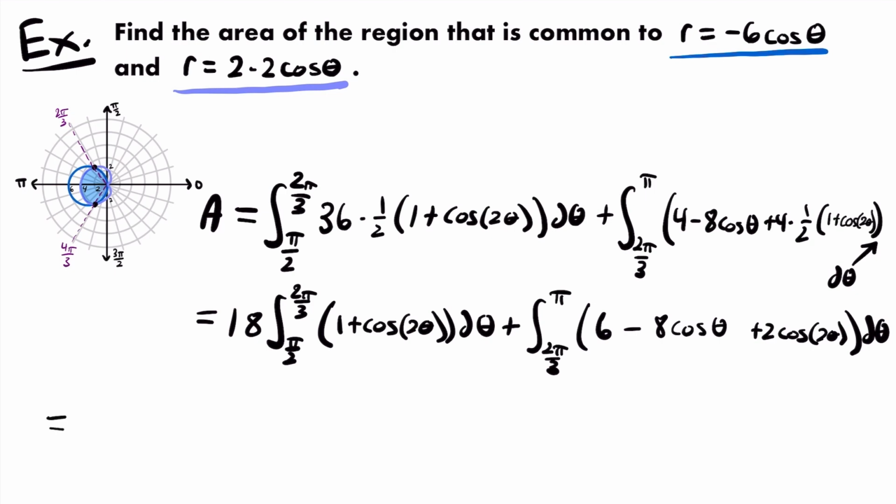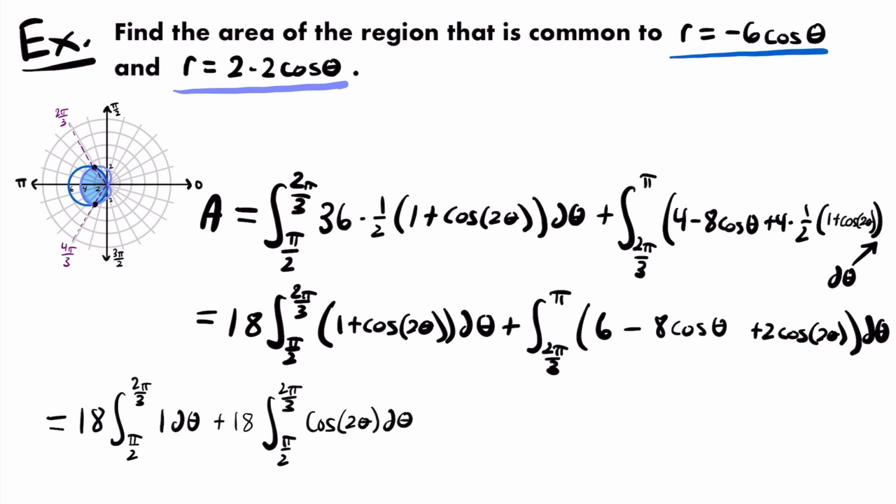So we'll have that this is equal to 18 times the integral from pi divided by 2 to 2 pi divided by 3 of 1 d theta plus 18 times the integral from pi divided by 2 to 2 pi divided by 3 of cosine of 2 theta d theta plus the integral from 2 pi divided by 3 to pi of 6 d theta minus, because we have negative 8 cosine theta, the integral from 2 pi divided by 3 to pi of 8 cosine theta d theta.